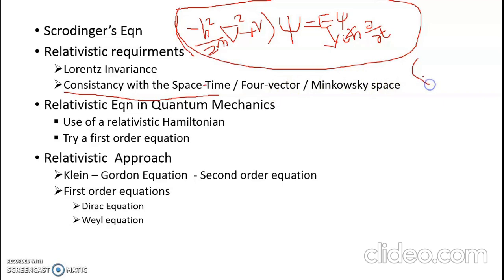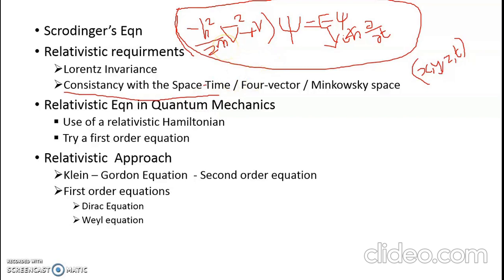As you know, in relativistic mechanics, the space and time coordinates are taken as a single coordinate system with 4 different coordinates: the 3 space coordinates x, y and z, and the fourth one is the time coordinate. For symmetrical footing, we take this time parameter as ict. So the equation must be consistent with the space-time formalism of relativistic mechanics.